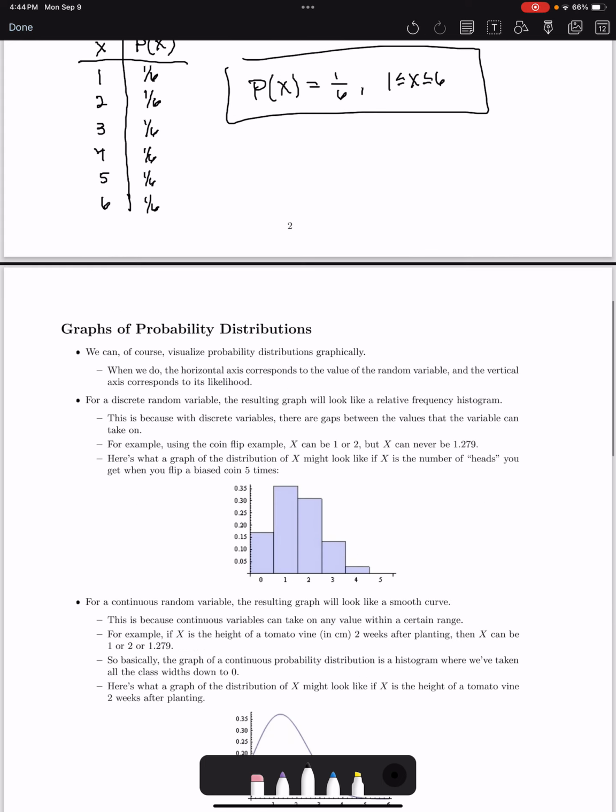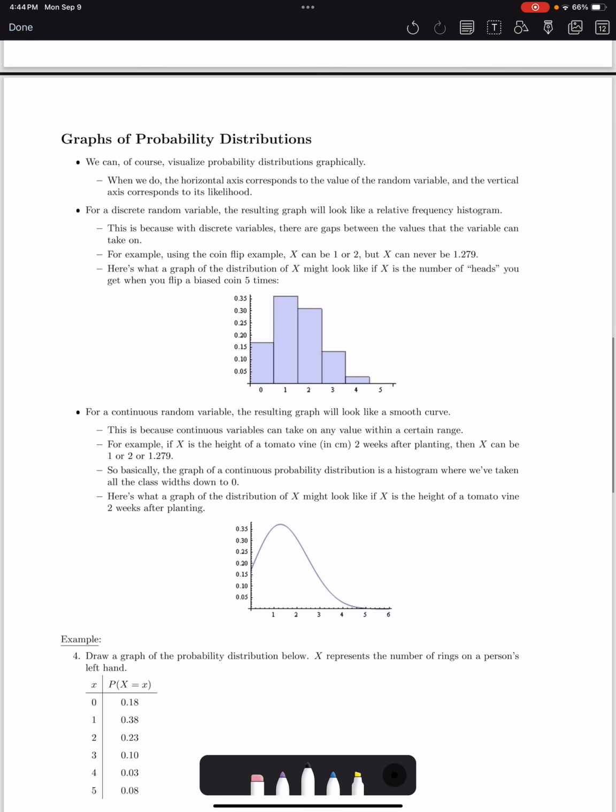Of course, you can give a graph of a probability distribution. For a discrete random variable, the graph of our PDF is going to basically just look like a histogram, okay? Whereas for a continuous random variable, the graph is going to look like a smooth curve, like this, okay? And the reason for the difference is that if you have a discrete variable, then x can be 0, but it can't be like 0.5, right?